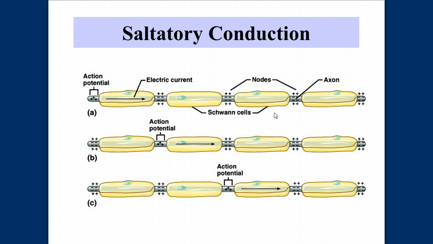So it's very, very fast. Saltatory conduction is faster than conduction on an unmyelinated fiber. The fastest velocities are on fibers that are thick, with thick myelination.